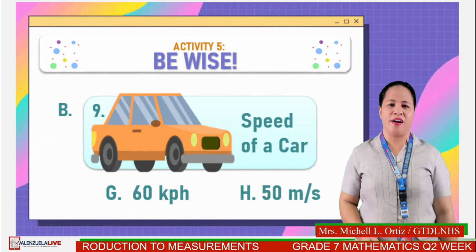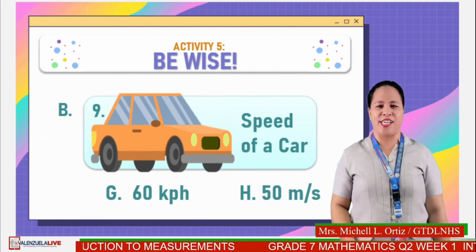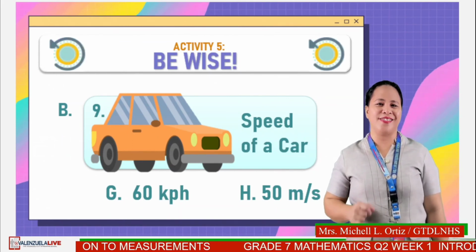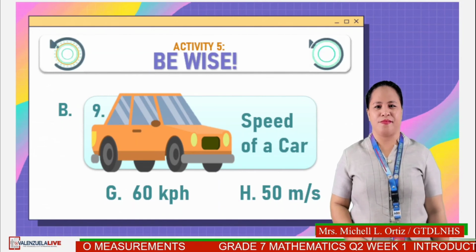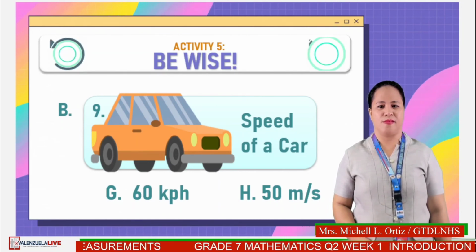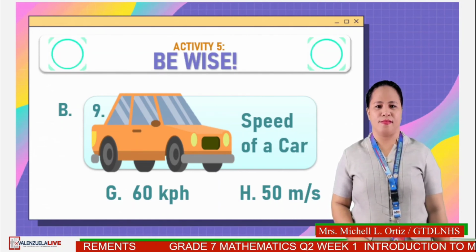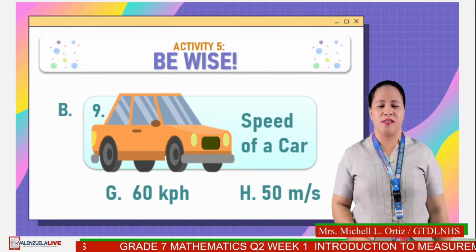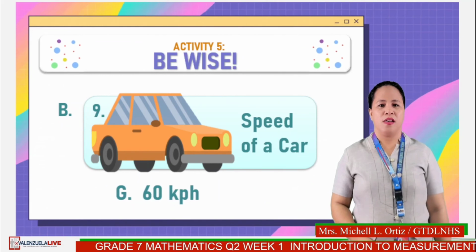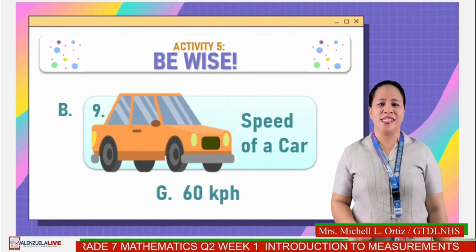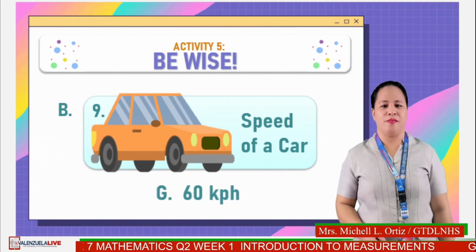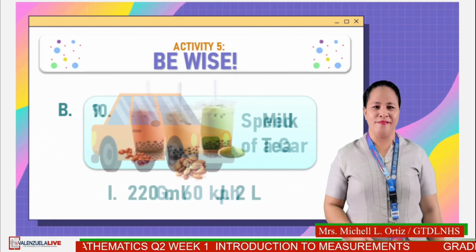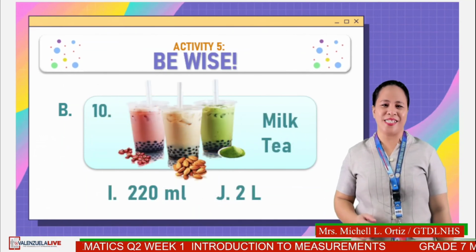Number 9. Speed of a car. Is it letter G or letter H? 5 seconds. Go. Correct answer is letter G, 60 kilometers per hour. And number 10, milk tea.